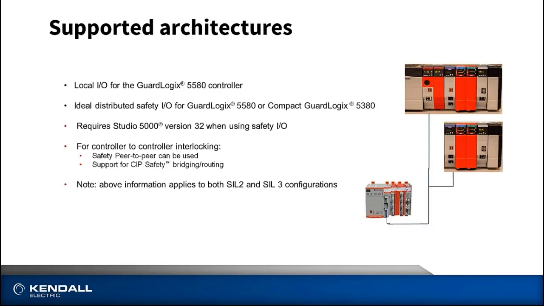So now these modules can be distributed out over an Ethernet IP network, either back to a ControlLogix GuardLogix processor in terms of a 5580, or down the bottom picture there, you see an example of a compact GuardLogix 5380 processor. Again, very similarly, we need to be at version 32 for our Studio 5000 software and firmware running in the controllers in order to support and configure these I/O modules.